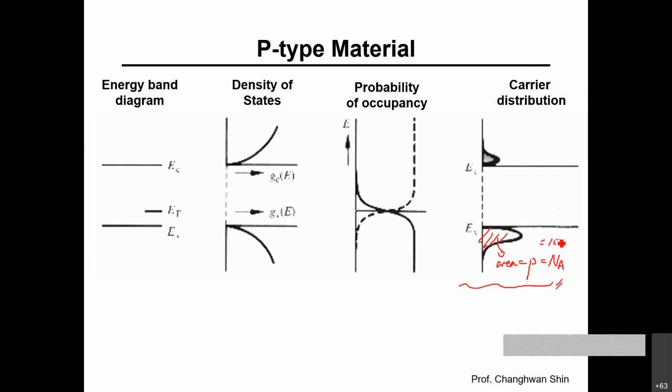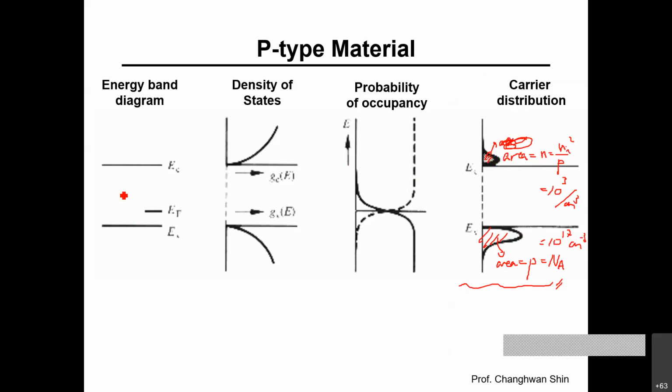Suppose that it is 10 to the 17 per cubic centimeter. Then what is this area? n is equal to n i squared over p. So 10 to the 3, 1,000 electrons available.